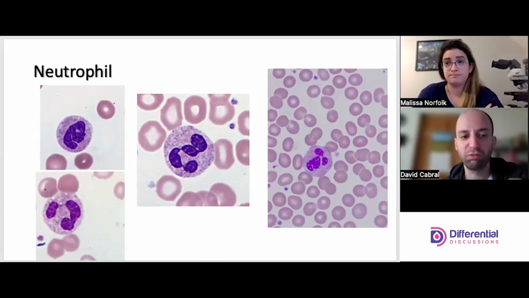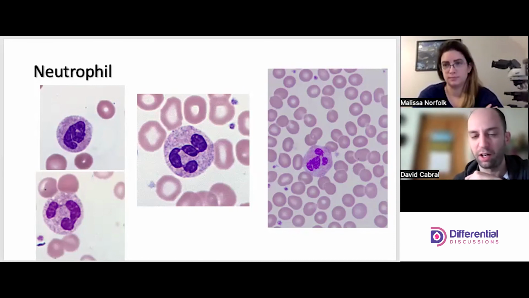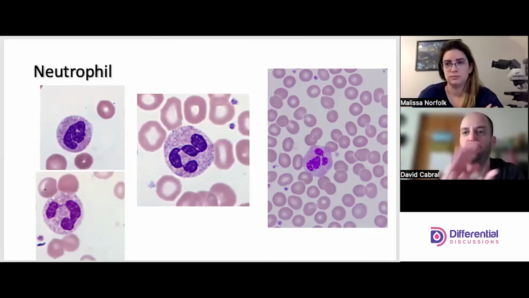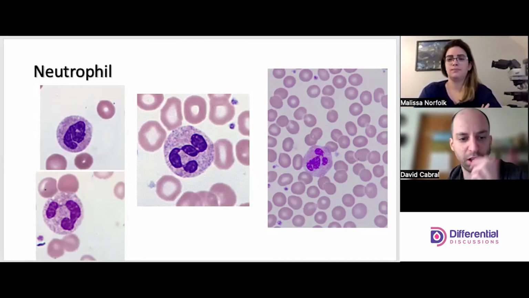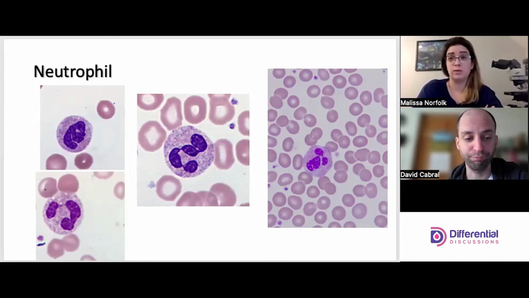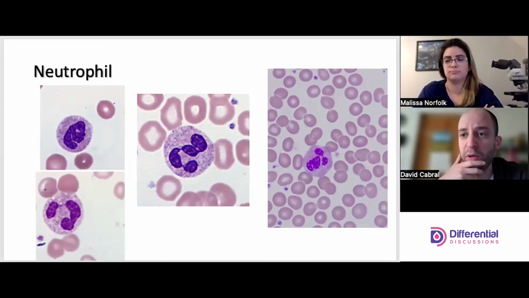But one thing that rings true across all of these cells is the chromatin pattern is heavily clumped, very, very dark. These cells are done with their translation, transcription, all that good stuff. And if they use up their granules, they're not getting any more. This is it. One and done. I mean, what's the lifespan of a neutrophil anyway? It's not particularly long. These cells turn over quite fast.